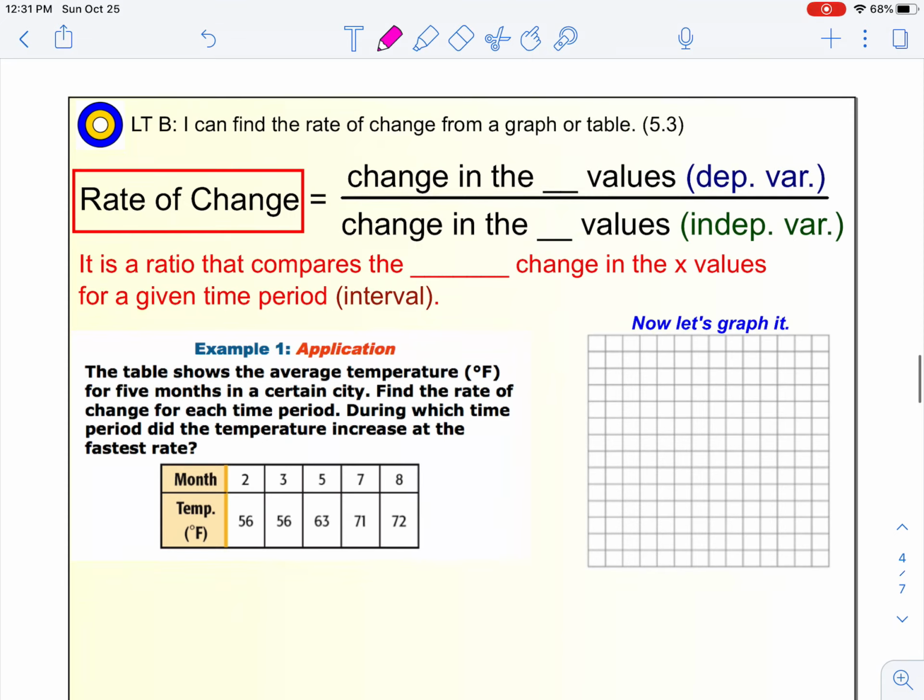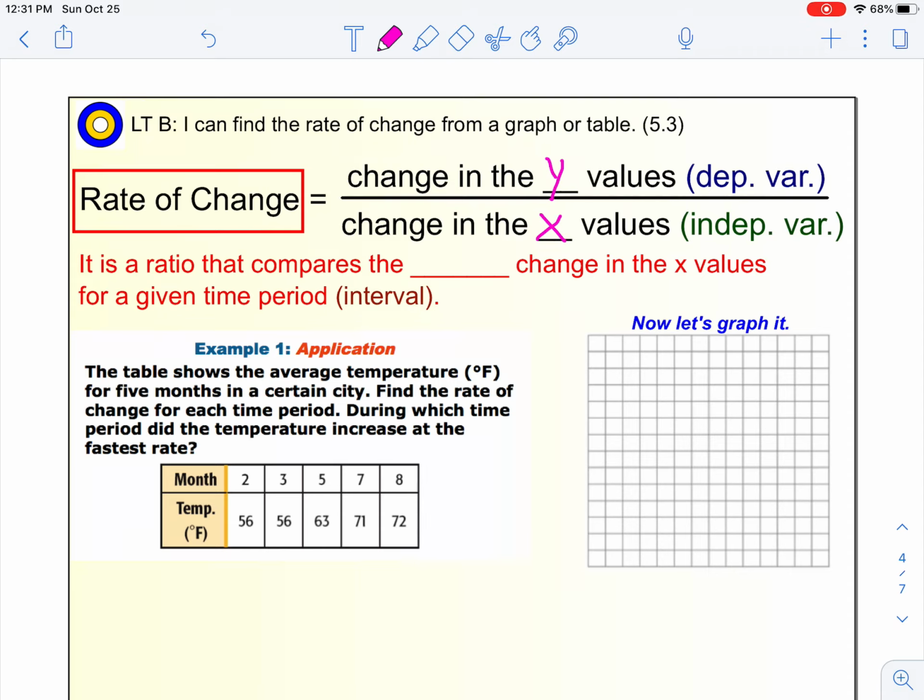So we are going to talk about rate of change, and that is the change in our dependent variable, which is our y values, compared to the change in our independent variable, our x values.